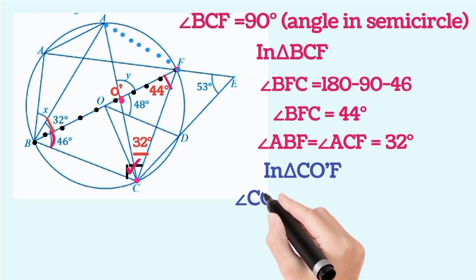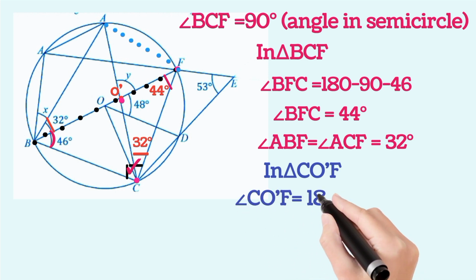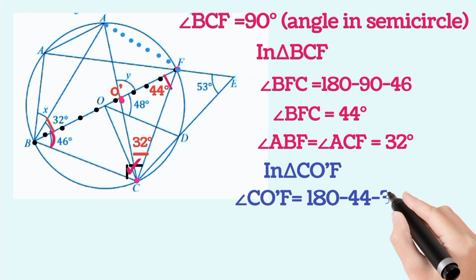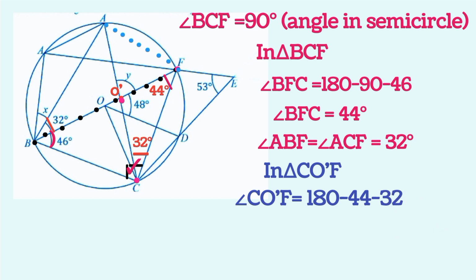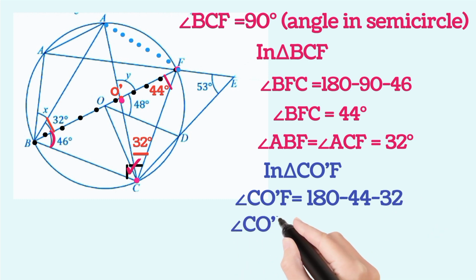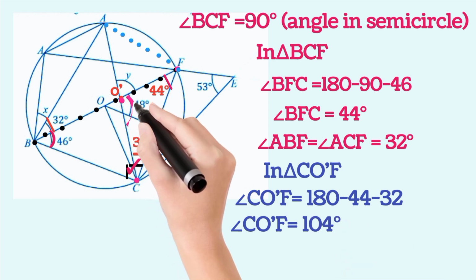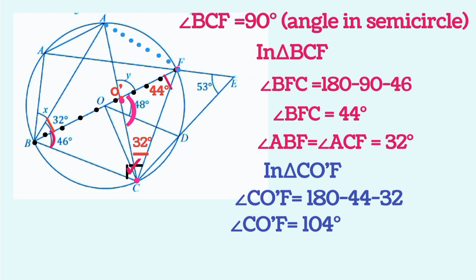In this triangle, angle CO'F will be equal to 180 minus 44 minus 32 degrees by angle sum property. So angle CO'F will be 104 degree. So this angle is 104 degrees now.